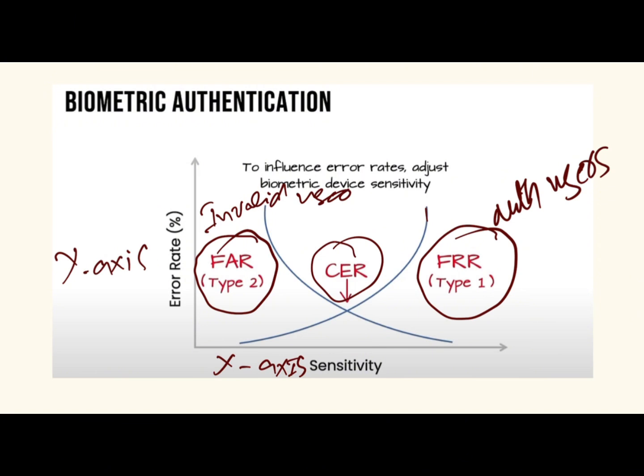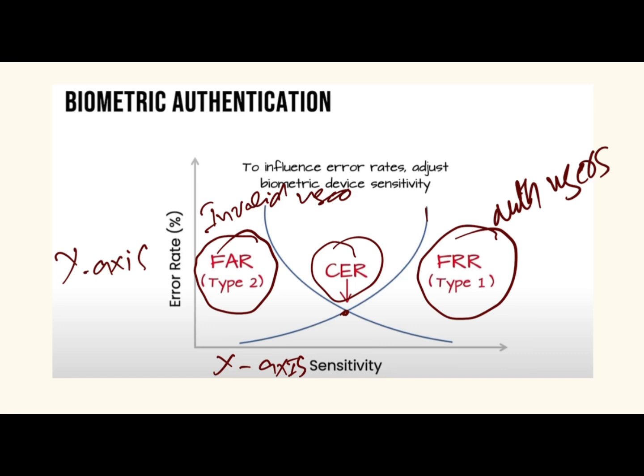So at balanced sensitivity, FAR is equal to FRR. They meet at this point, that is balanced sensitivity. This is the CER point. So optimal accuracy we can say.